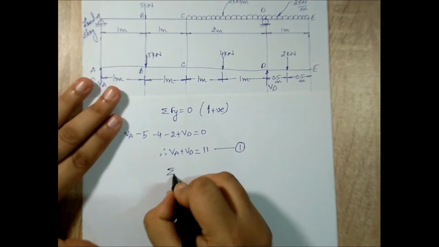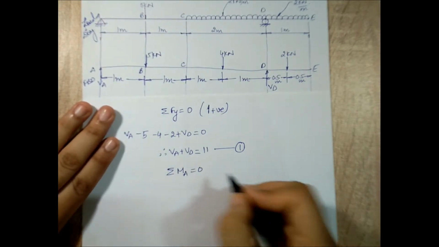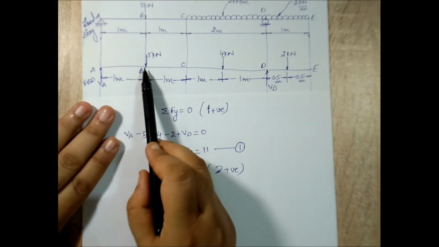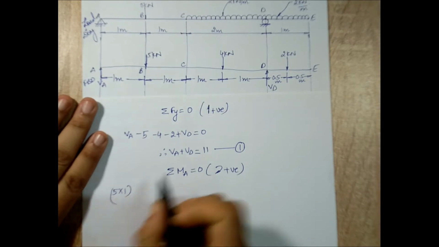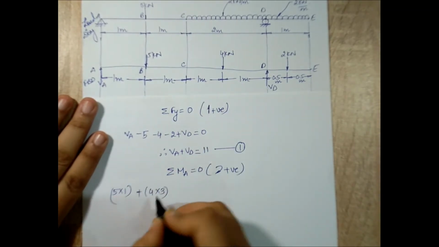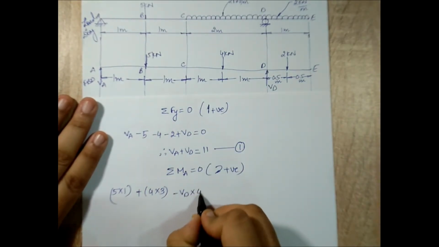Next I'll use summation of moment about A is equal to 0. Clockwise moments are positive. So first I'll have 5 turning clockwise, so 5 into 1. 4 turning clockwise, so plus 4 into 3. I have VD going anti-clockwise, so minus VD into 4.